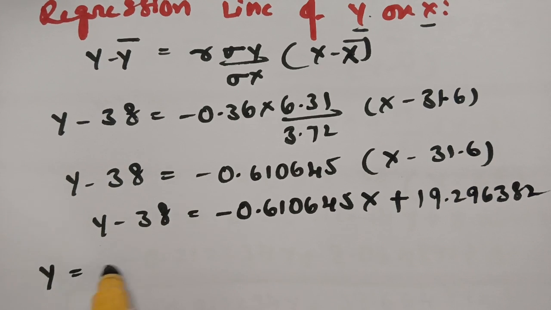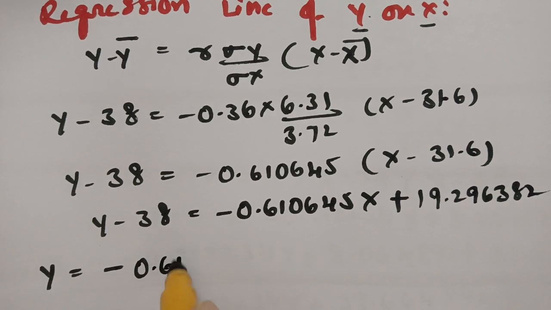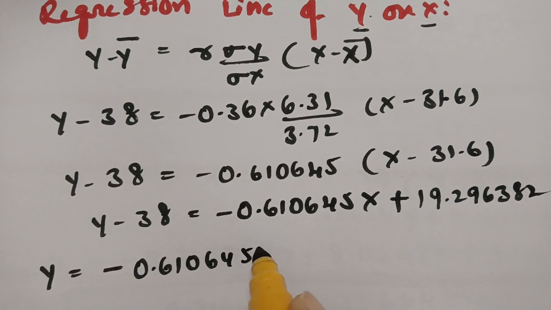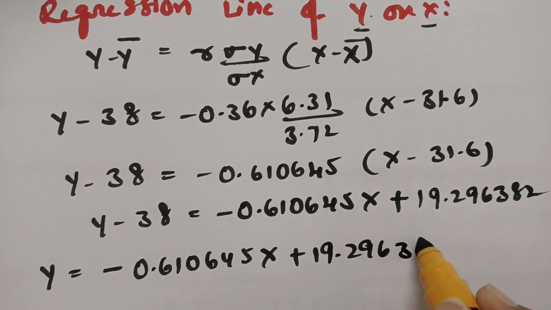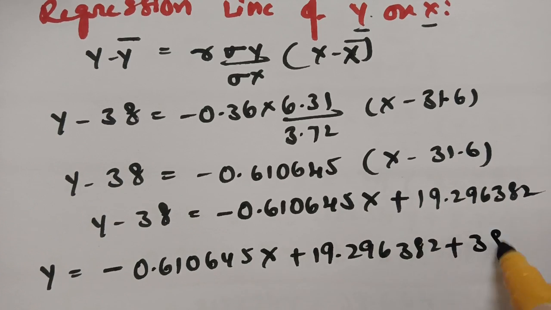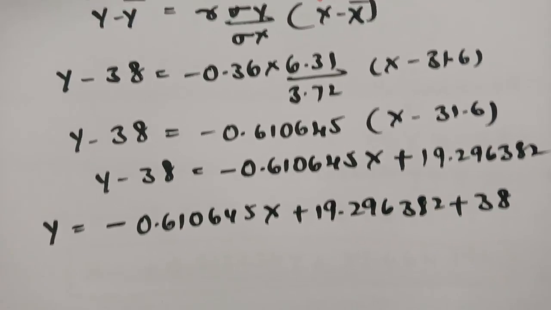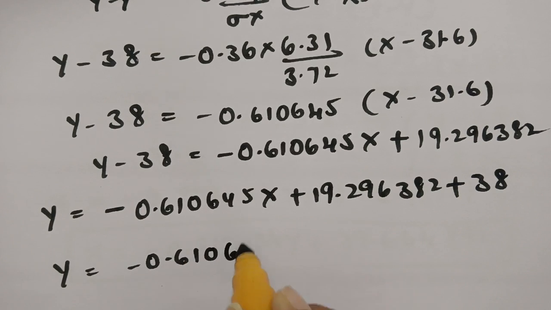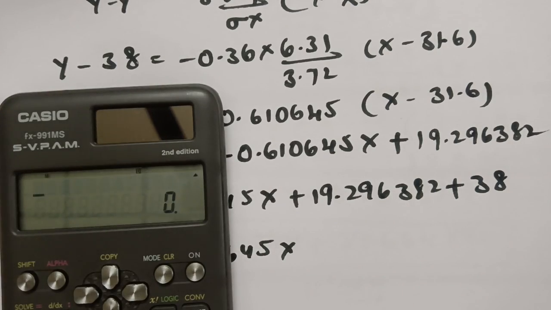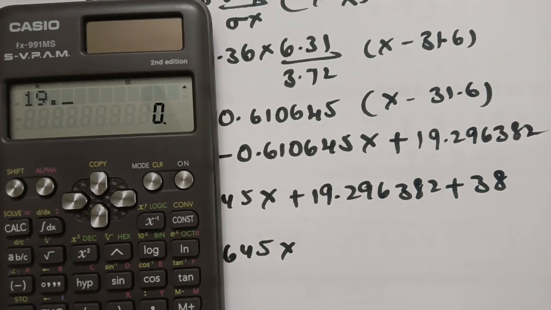And now I need the value of y here. So y is equal to minus 0.610645x plus 19.296382 plus, if I send minus 38 to the other side, 19.296382 plus 38.